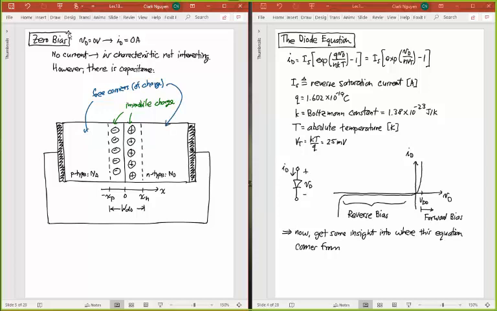Okay? And so what I want to do is now put a few expressions next to this. So I want to know how much charge do I have here and how much charge do I have here. And so I already gave you a hint that this is like a capacitor.